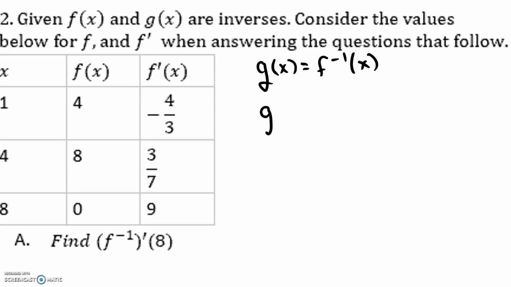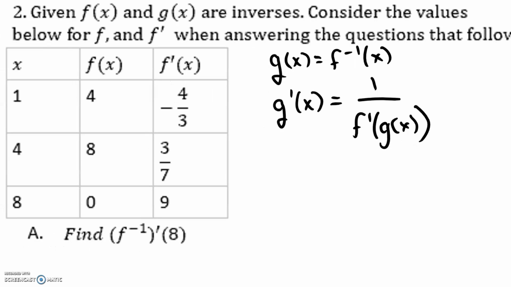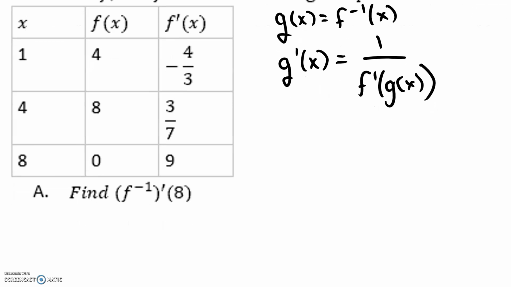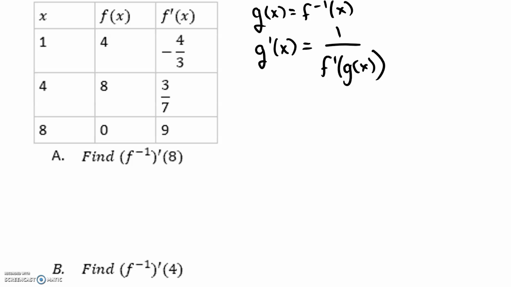So that alternate way of writing it was the derivative of g, where g is the inverse of f of x, is 1 over f prime of g of x. It's the same thing. It's just an alternate way to write it. So we're using kind of the alternate language with this one. So we're going to consider this table of values and that relationship as we answer these questions.